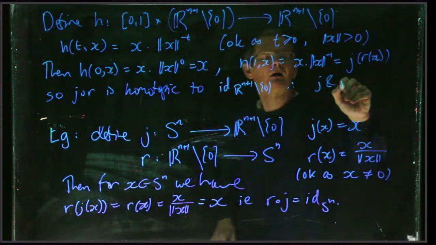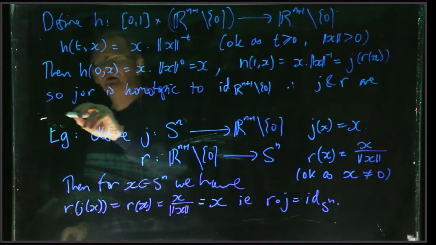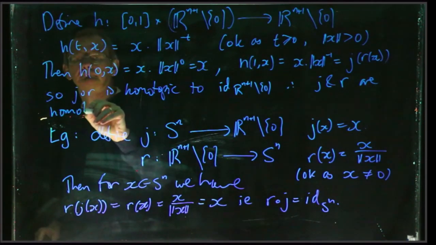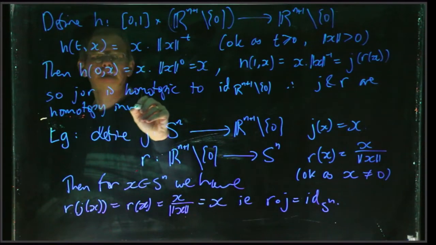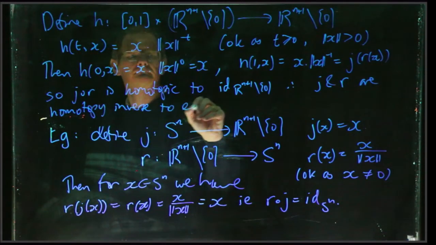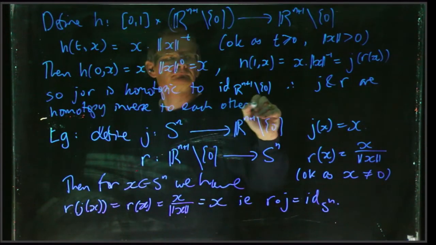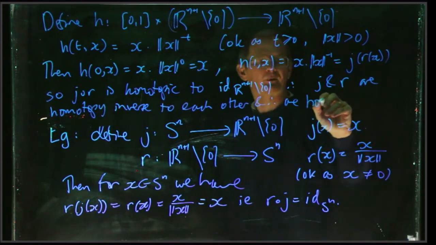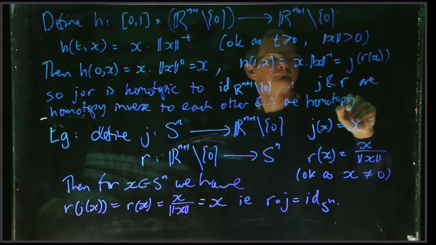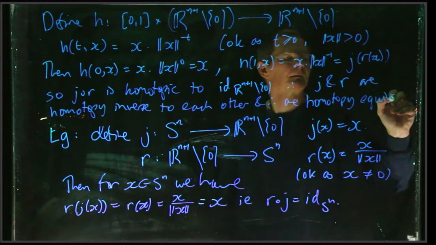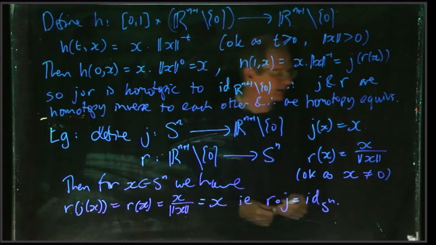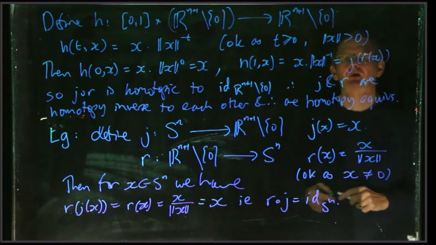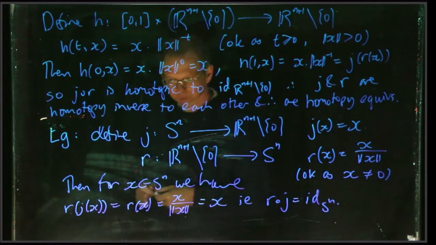So j and r are homotopy inverses for each other, and so these are homotopy equivalences. So we see that the punctured Euclidean space is homotopy equivalent to a sphere.